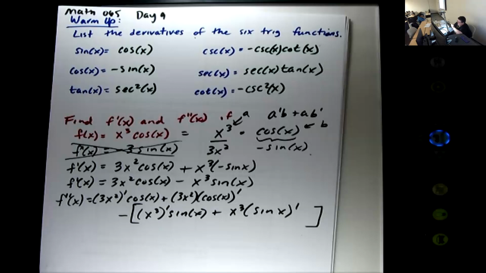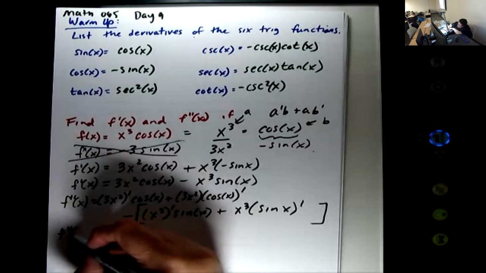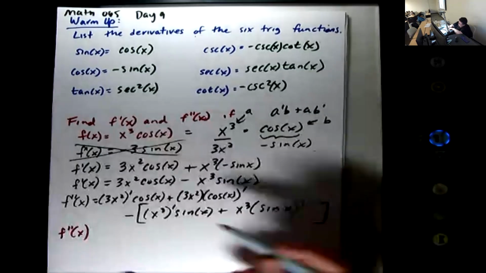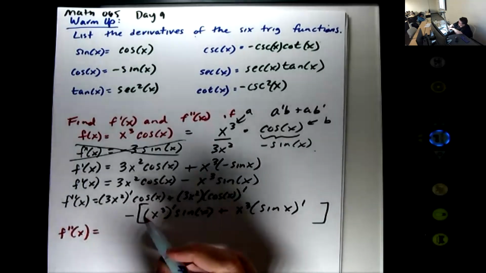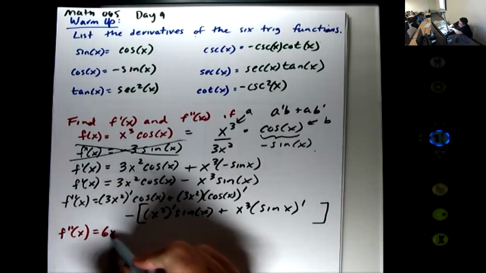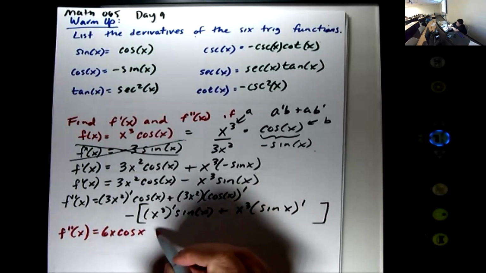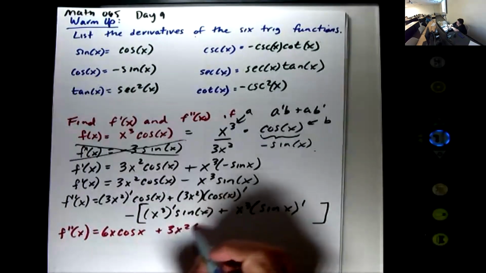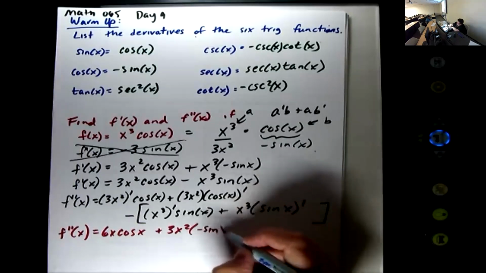All right. So what do we get here? The derivative of 3x squared is 6x. The derivative of cosine x is, I got it up there, negative sine x.